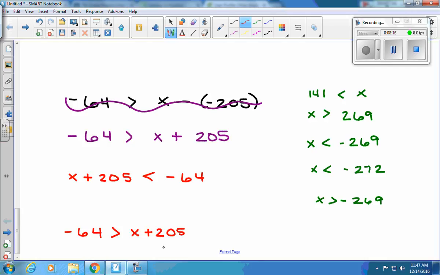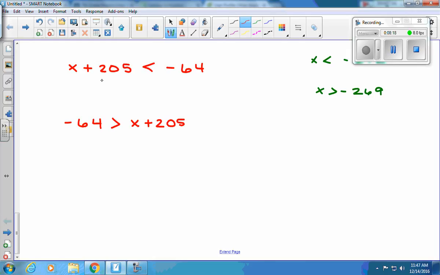Either way, how do I get rid of that 205? You subtract 205. And I'm going to subtract 205. Either way, if I keep it this way, I'm going to subtract 205. Now the rule says when you're subtracting, we're adding the opposite.